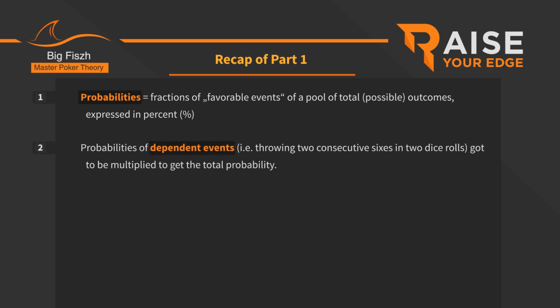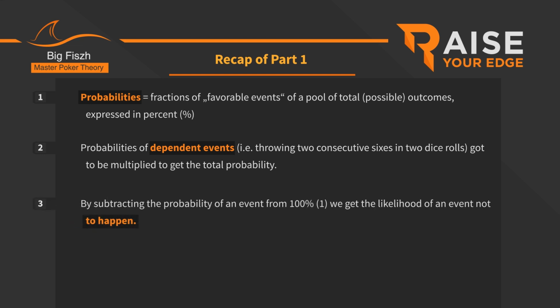Second, we differentiated between dependent and independent events. The total likelihood of dependent events is calculated by multiplying the probabilities of the single outcomes. Thirdly, we talked about how to get to the opposite, namely the likelihood that an event will not happen. And we learned that we easily take the remainder of 100%.